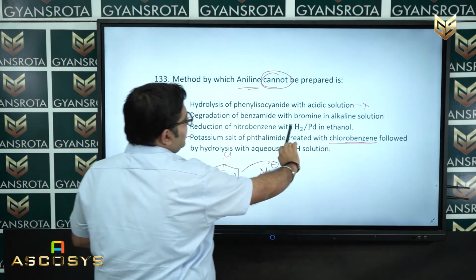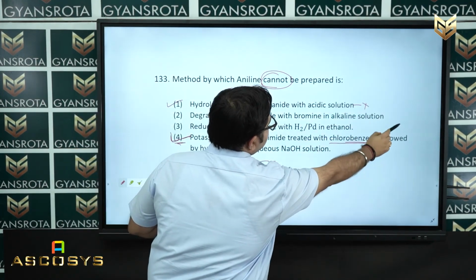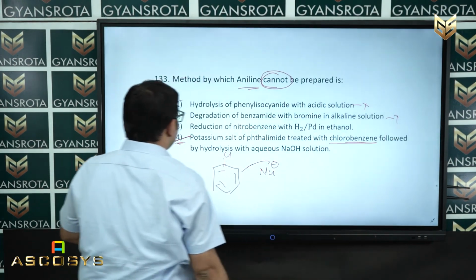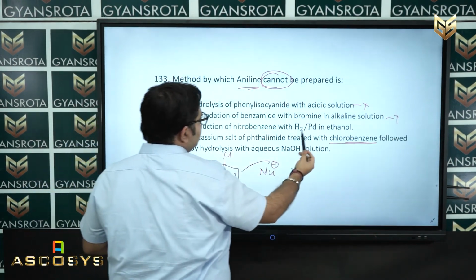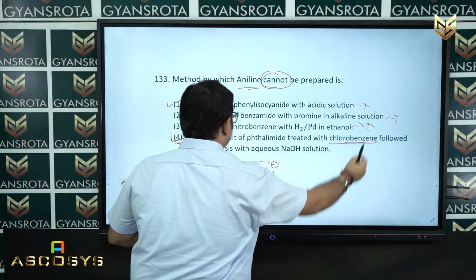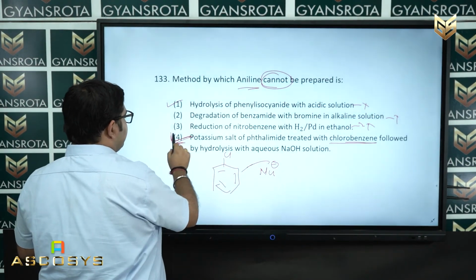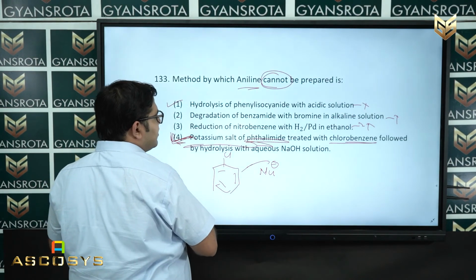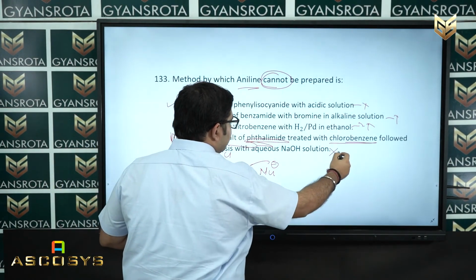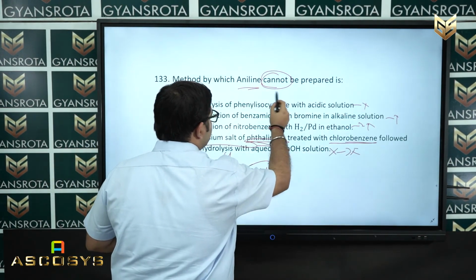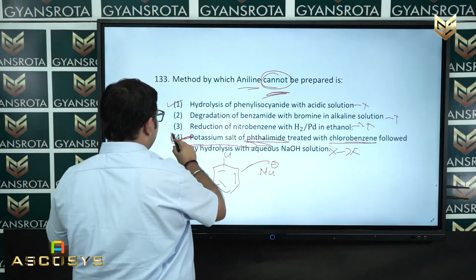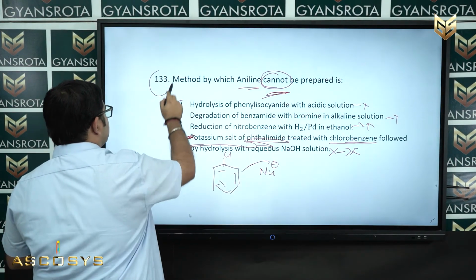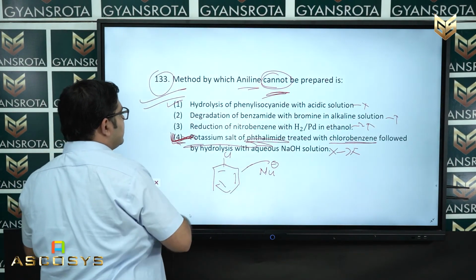Degradation of benzamide with bromine in alkaline solution, this is also true. Reduction of nitrobenzene with hydrogen, yes, this is also true. But if you see option number 4, potassium salt of phthalimide, okay, this is not possible. This is a false statement. So, they only ask which cannot be prepared. So, the fourth option is the correct answer of your question number 133.